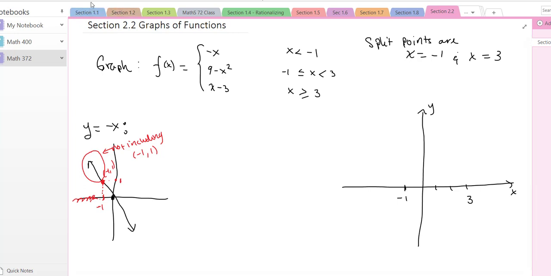If you feel comfortable going directly to the main graph, then at -1, 1 there's going to be an open circle because we're not including it, and then y equals -x is the line.